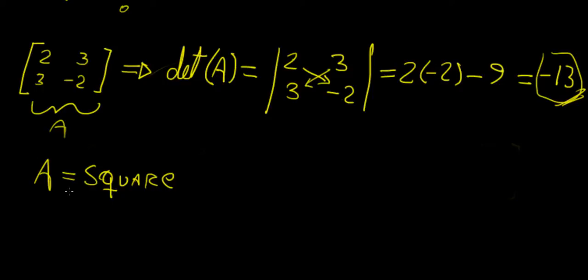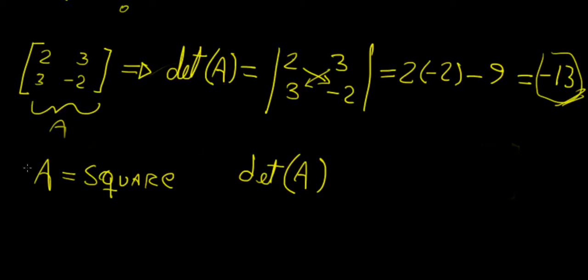If A is a square matrix, then there exists a number that identifies as the determinant of A, which is essentially a deconstruction of the elements. For a 2 by 2, we have a cross multiplication: we take the first element times this element, subtract the product of those two other elements, and we get a numerical value.